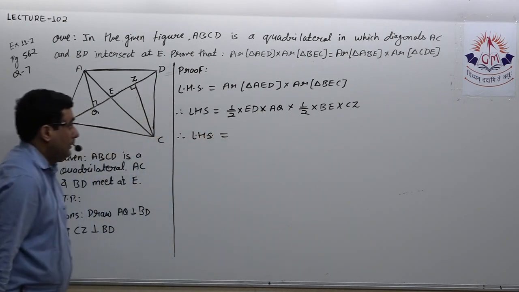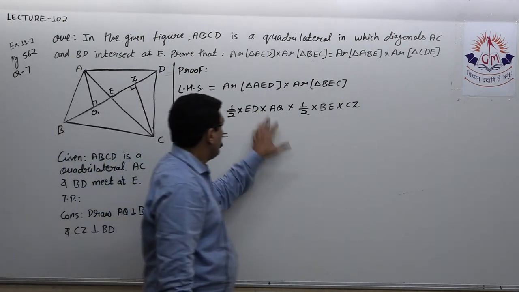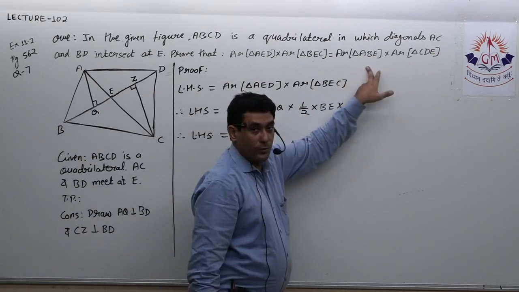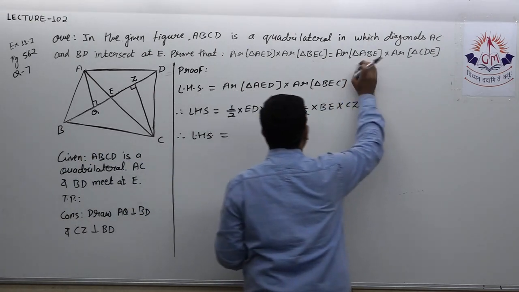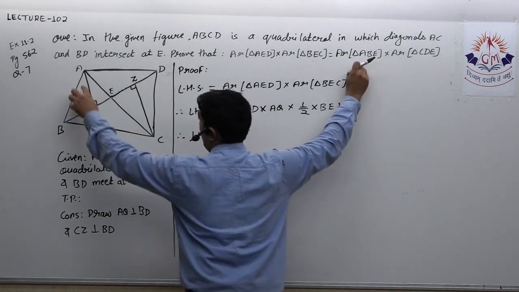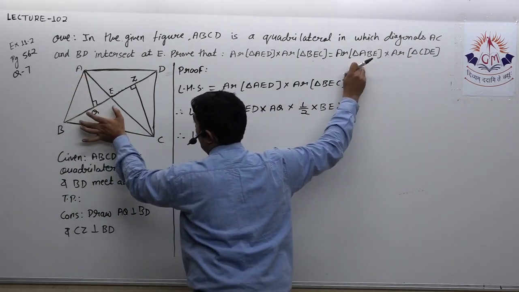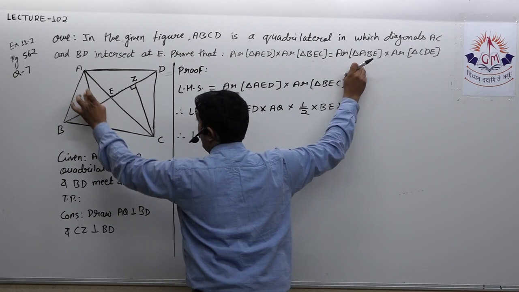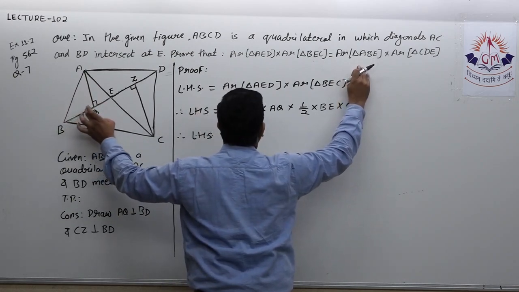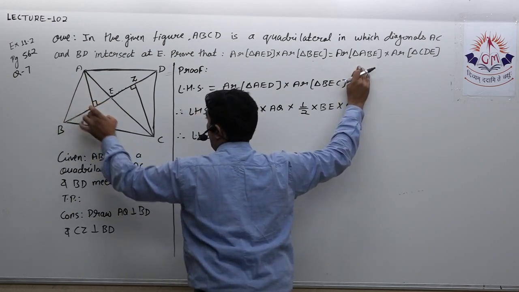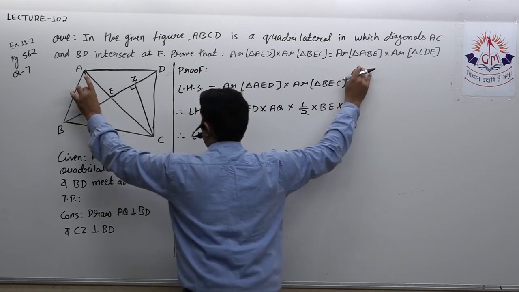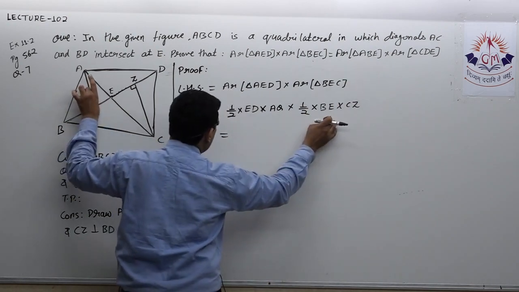Now, for the left hand side, we have to prove that the product of these two areas is equal to the product of these two areas. Now, if you see triangle ABE, can I say its area is 1 by 2 into base BE multiplied by height AQ. So here we have BE as well as AQ.